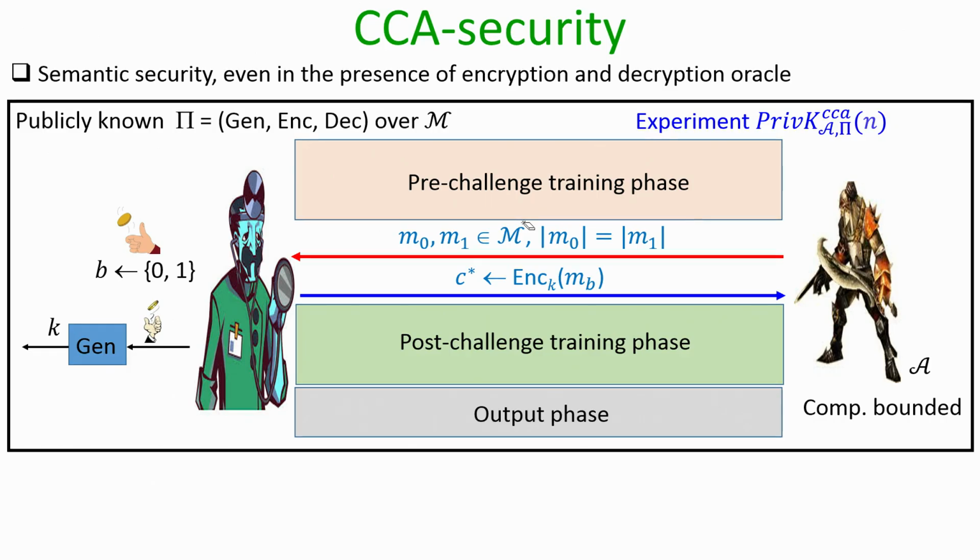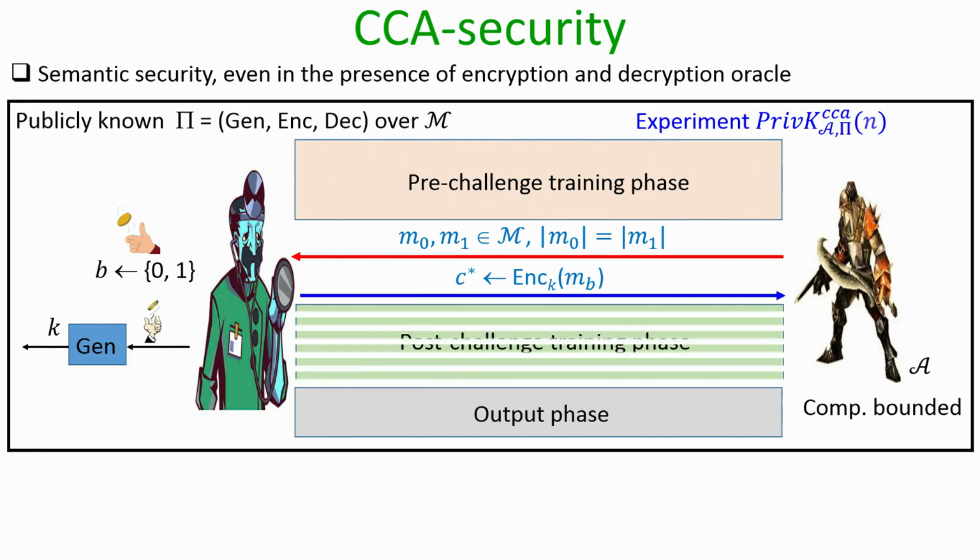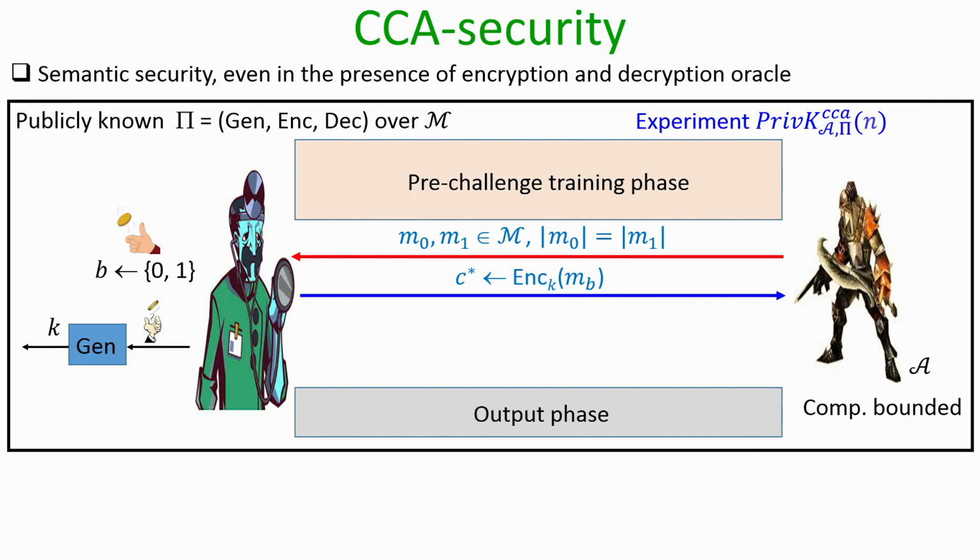Now, in the CCA experiment, we give the adversary additional power, namely once the adversary sees the challenge ciphertext, we also give it access to the post-challenge training phase, where it can again ask for encryptions of several messages of its choice, possibly including the challenge plaintexts M0, M1, right.